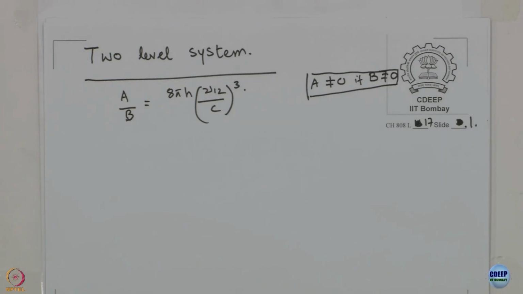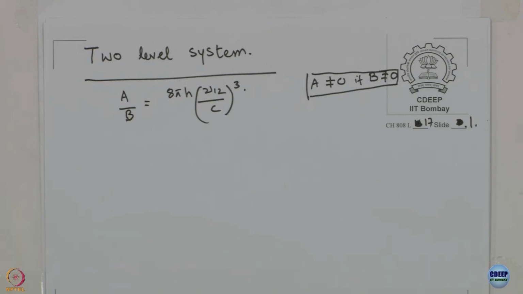So, if B is not 0, then A cannot be 0, and if B is 0, then what does it mean? That means even absorption will not take place. We just proved that B is the same no matter whether it is absorption or stimulated emission. So, that means if B is 0, the transition is forbidden.